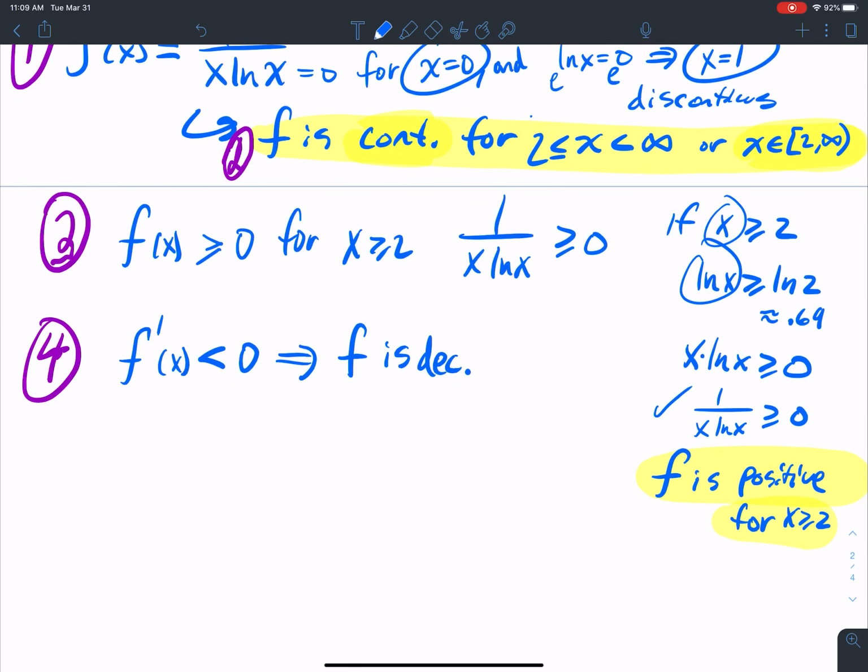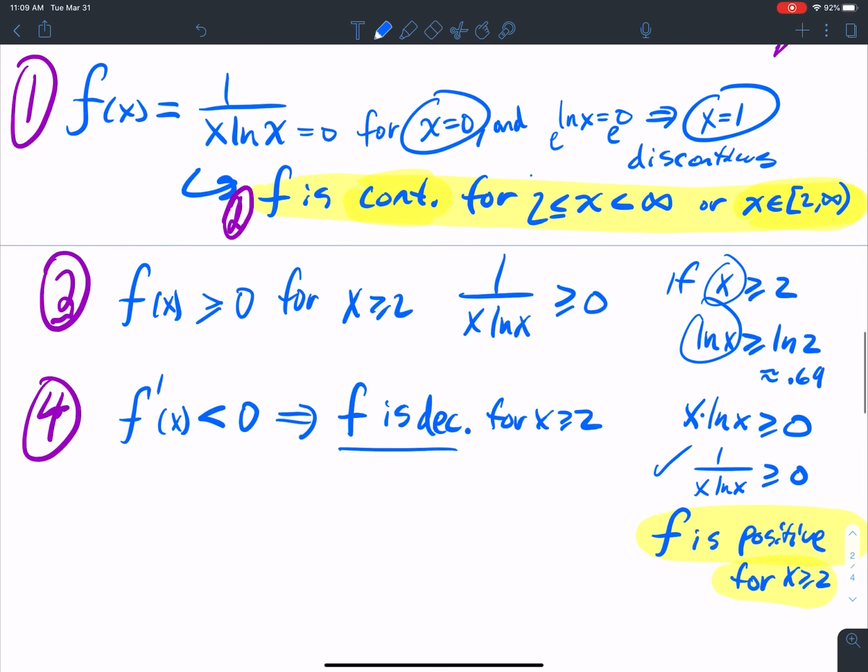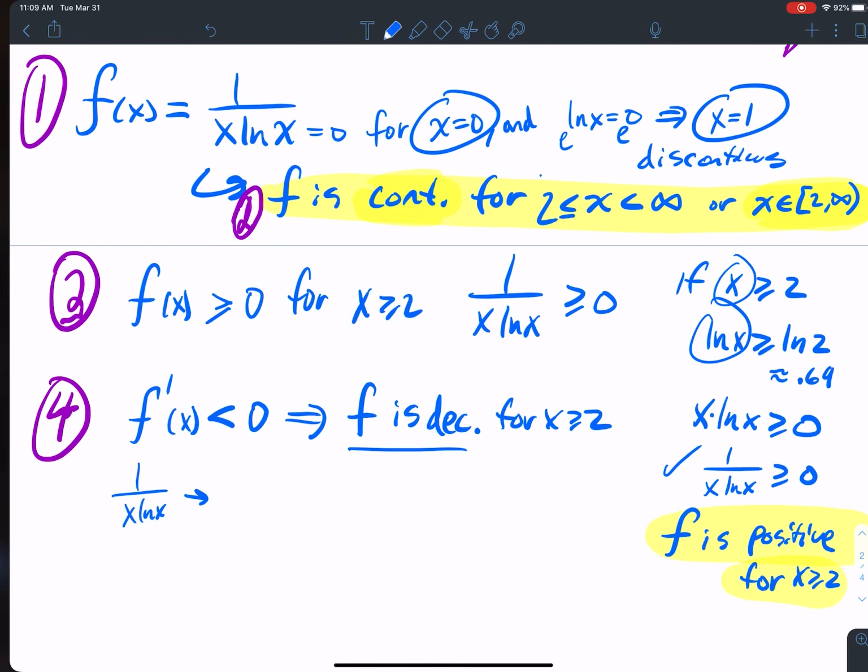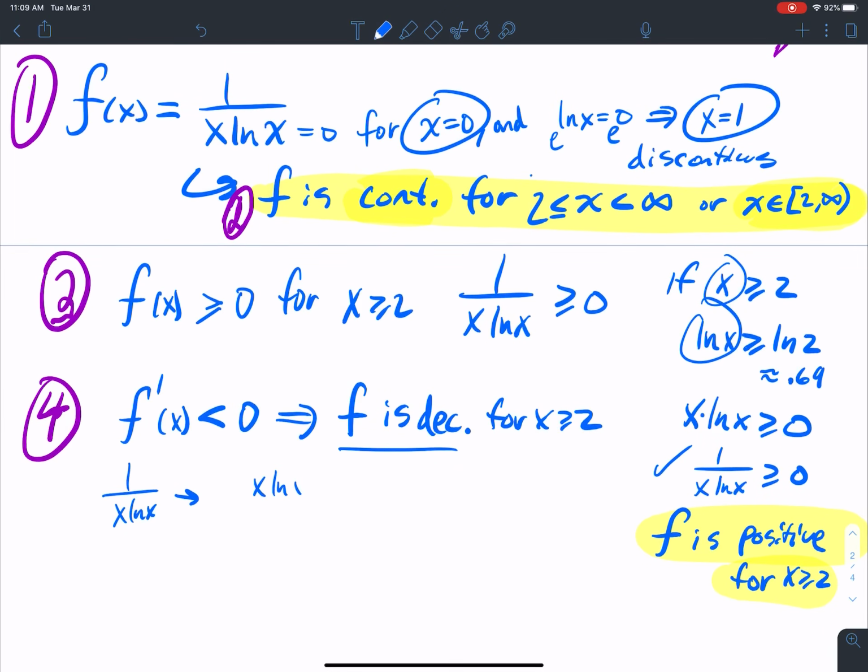So I want to show that f is decreasing for x greater than or equal to 2. How do I do that? I take the derivative. The derivative of 1 over x ln x is a quotient rule: low d high minus high d low.